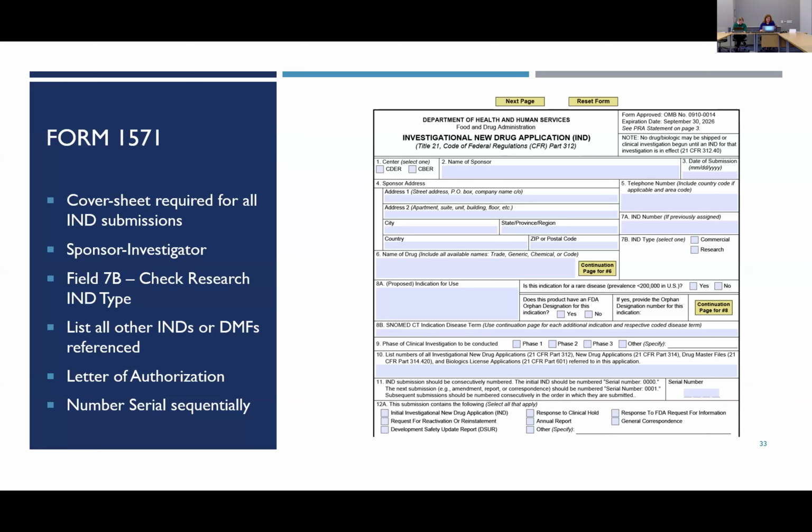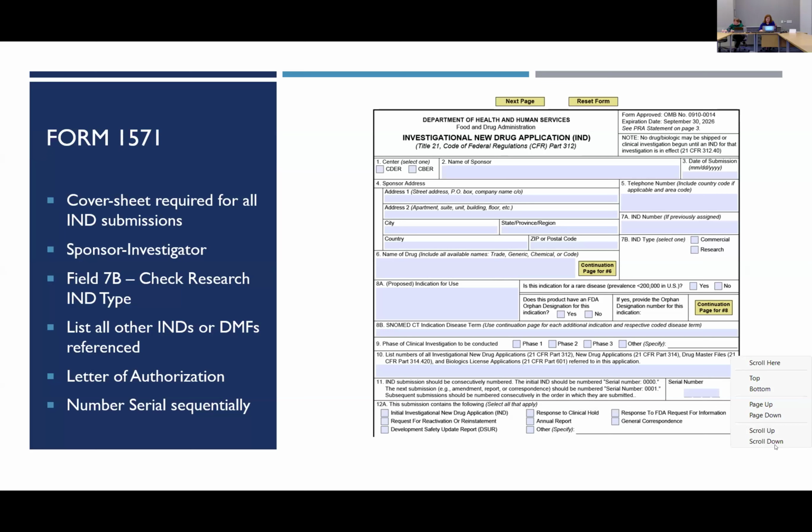So when investigators open their own IND, they're considered the sponsor-investigator. FDA has the same requirements for pharmaceutical companies as for sponsor-investigators. So that PI needs to fulfill both the sponsor and the investigator requirements as they relate to clinical trials.